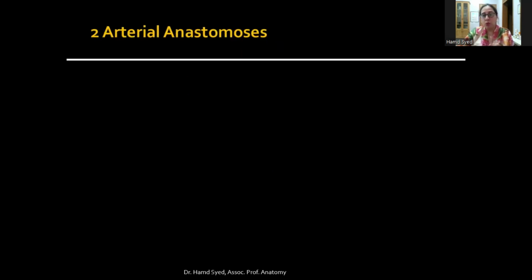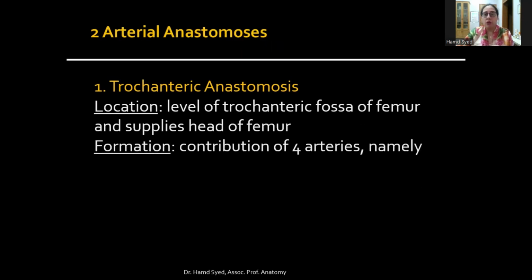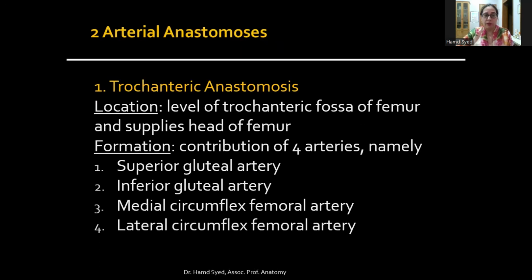These arteries form two arterial networks or anastomoses in the gluteal region. The first one is the trochanteric anastomosis. It is lying at the level of the trochanteric fossa of the femur, and it supplies the head of the femur. It is formed by the contribution of four arteries, which are the superior gluteal artery, inferior gluteal artery, medial circumflex femoral, and lateral circumflex femoral.